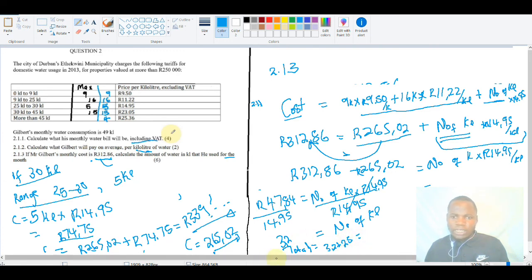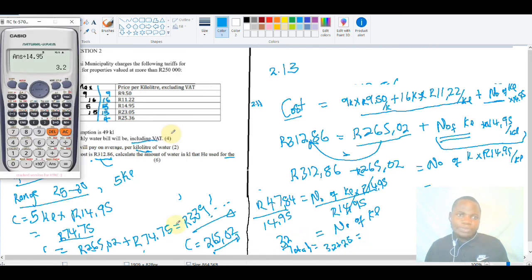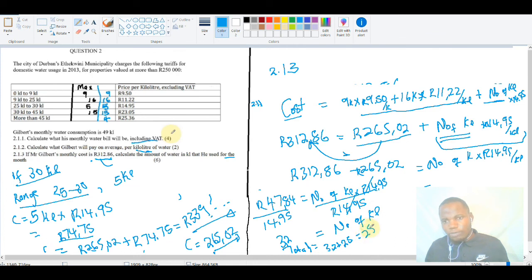Then what is the answer? You use your calculator, 3.2 plus 25, and then you get your number of kiloliters of water as 28.2 kiloliters. This is the amount of water that you have used.